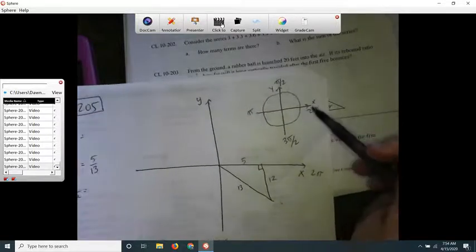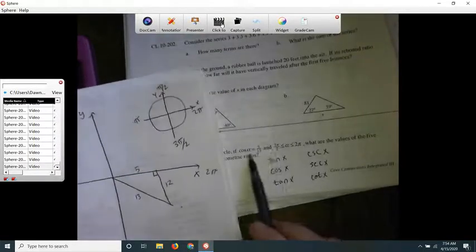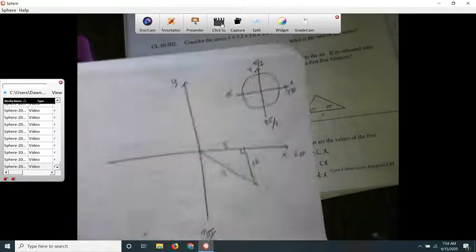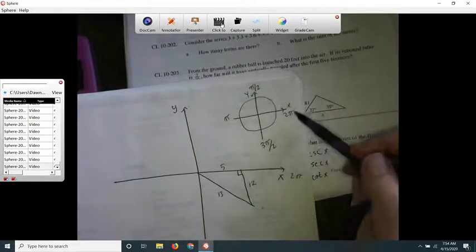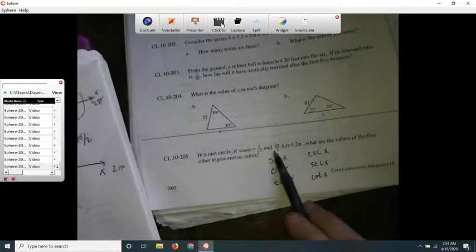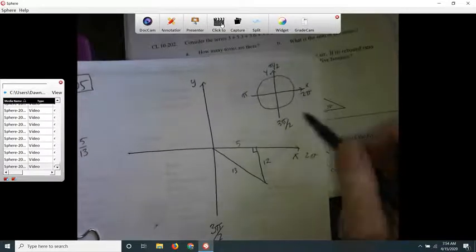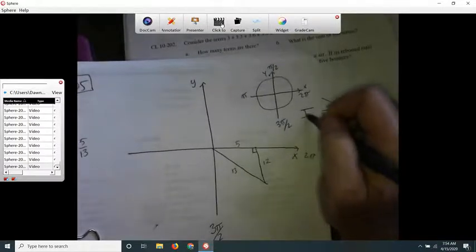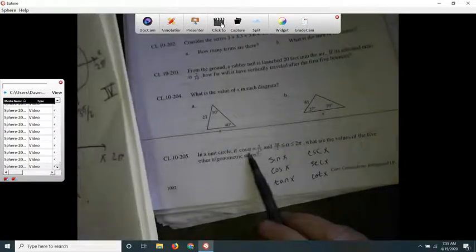Then my angle, where cosine A is 5 over 13, they said that the angle is in between 3 pi over 2 and 2 pi. So there's 3 pi over 2 and there's 2 pi, so it's in quadrant 4. And they're telling me that cosine is 5/13. So that's not quite 1, right?